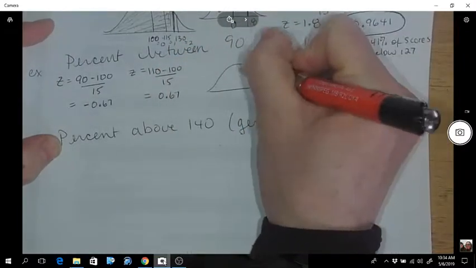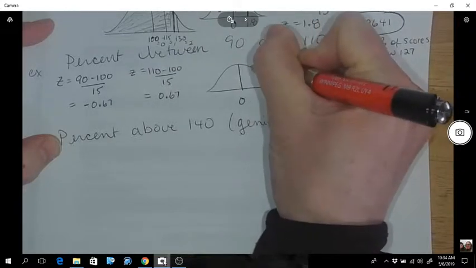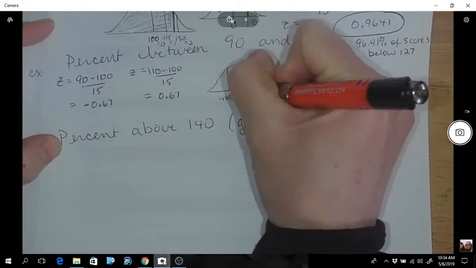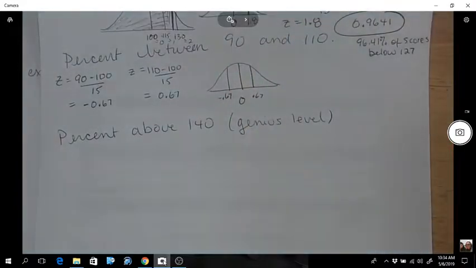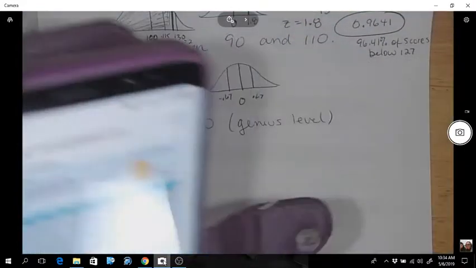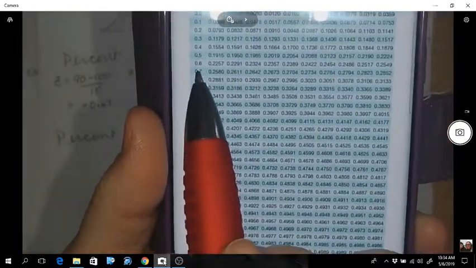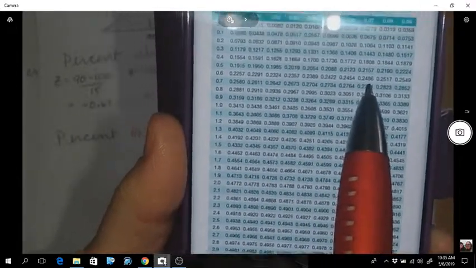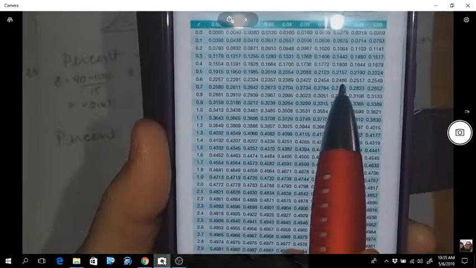So we are on a standard curve looking at Z-scores of 0.67 and negative 0.67. So 0.6 on this, and then you go across to 0.7, and you see 0.2486.